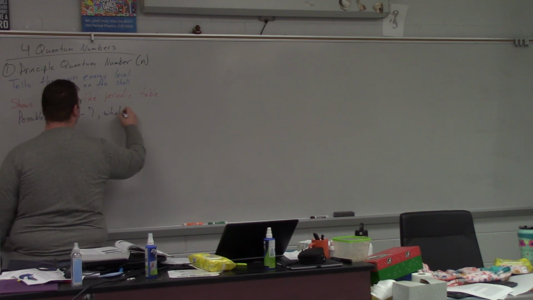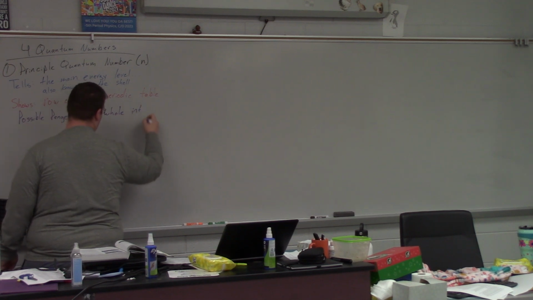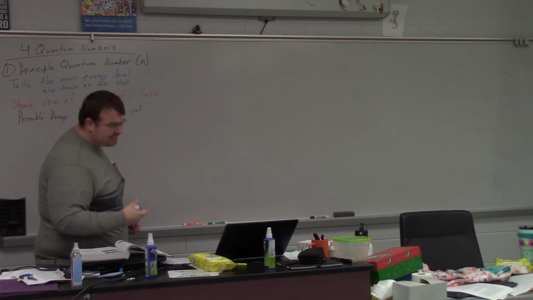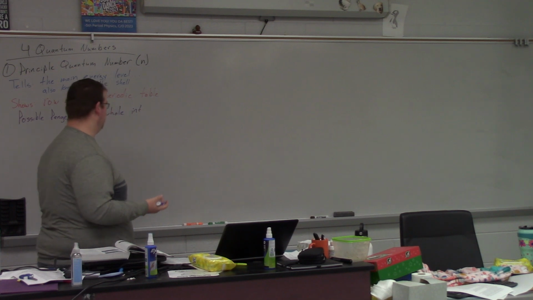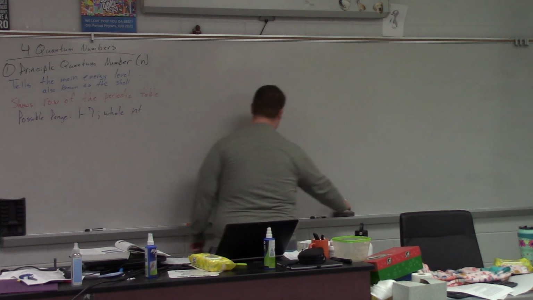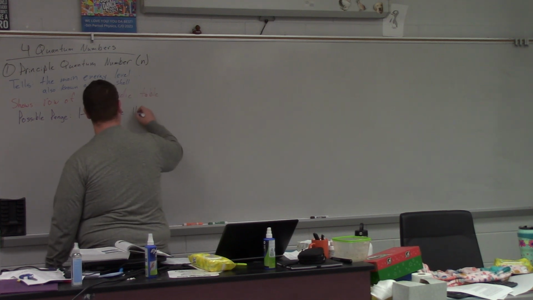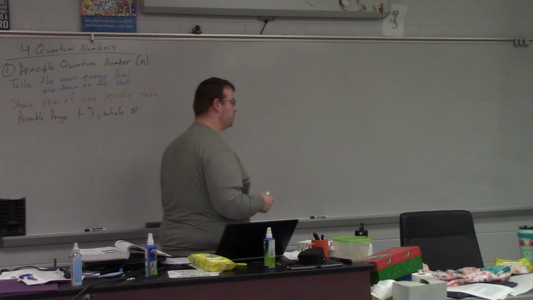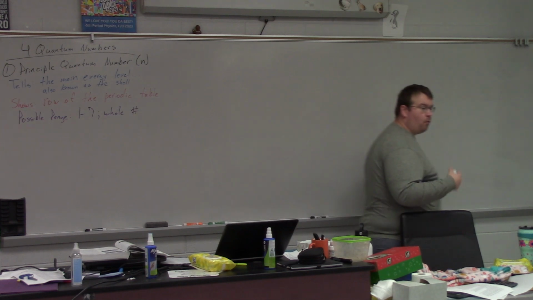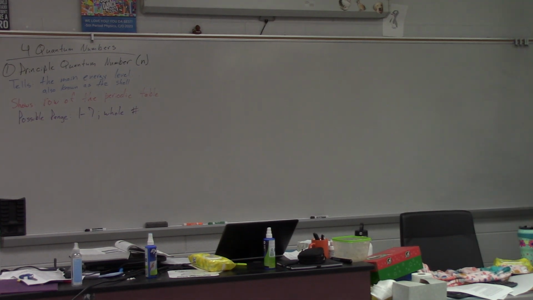But it must be a whole integer. In other words, it has to stay a whole number, so nobody gets confused. So it can be 1, 2, 3, 4, 5, 6, or 7.